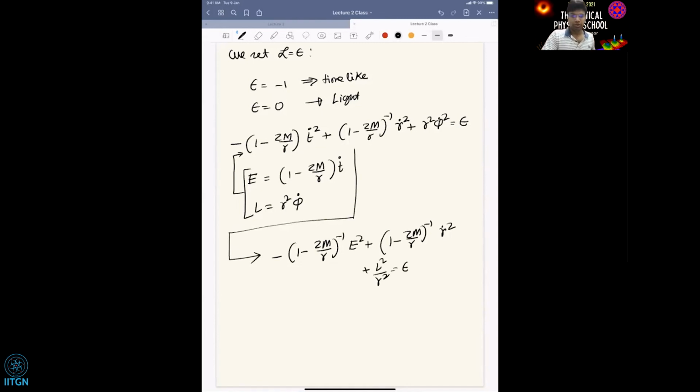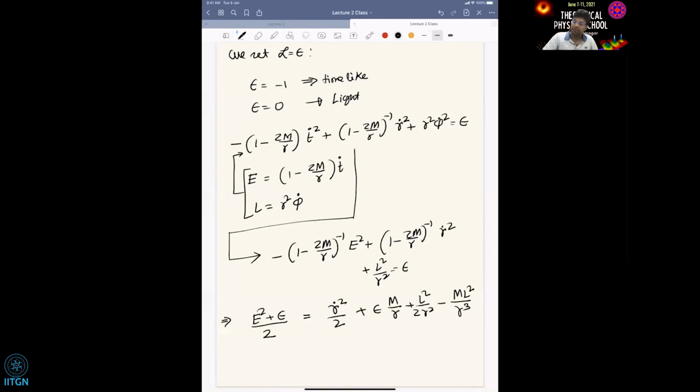Again, you can simplify everything, and ultimately the simplification gives you the result: E square plus epsilon, do not mix up E and epsilon, my handwriting is bad, equal to r dot square by 2. Remember, the dot is with respect to the proper time. Plus epsilon m by r plus L square by 2r square minus mL square by r cube. Excellent.